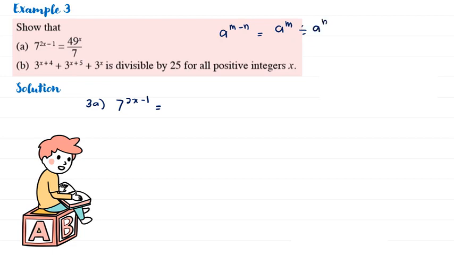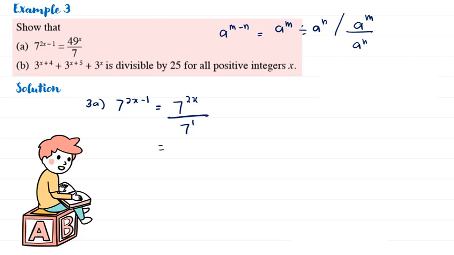So we can write it like this, a to the power of m over a to the power of n. So I write it as 7 to the power of 2x over 7 to the power of 1.